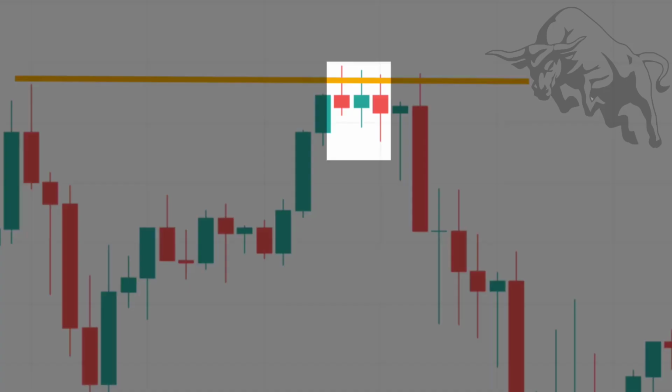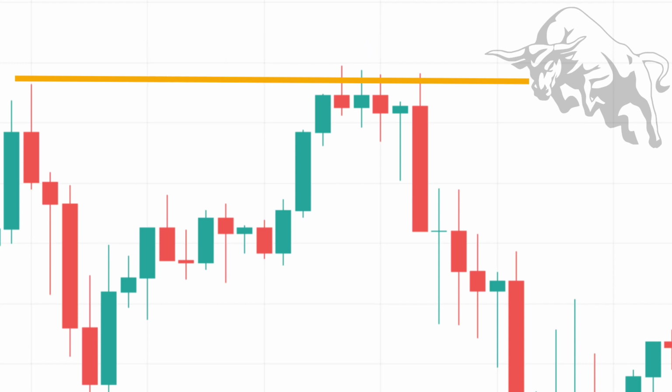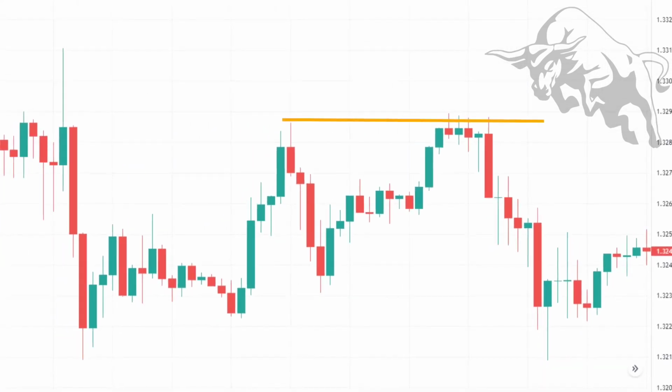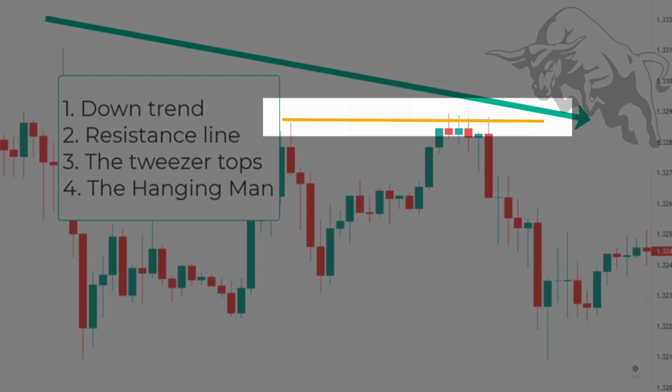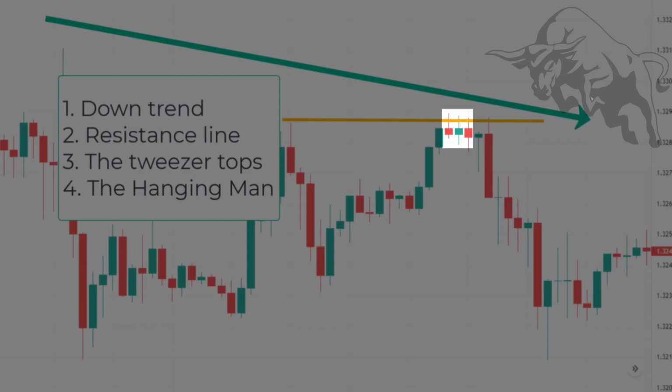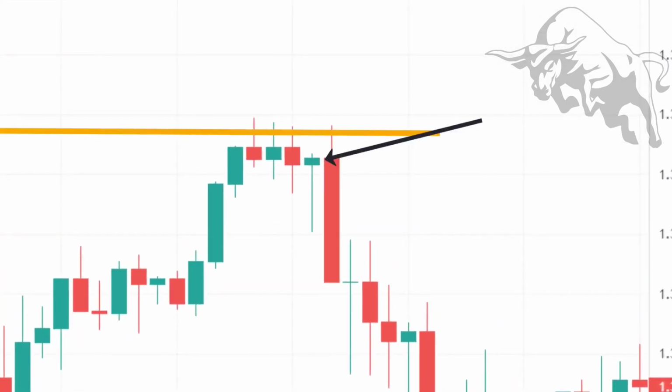By the way, these 3 candles here are called the Tweezer tops pattern, which I will talk about later in this video. And the combination between the market downtrend, the resistance line, the Tweezer tops pattern, and the hanging man pattern, all these technical factors have worked together in combination and have given us a stronger sell signal.